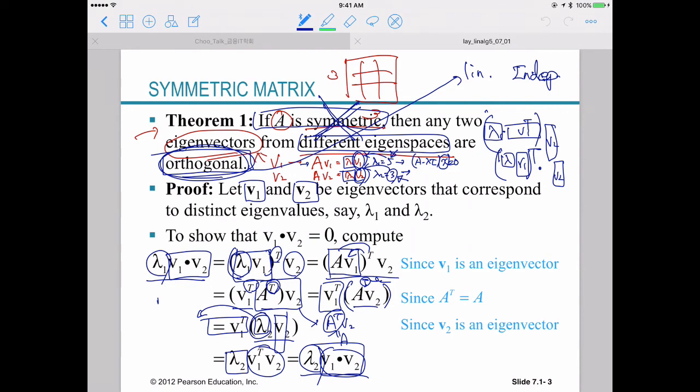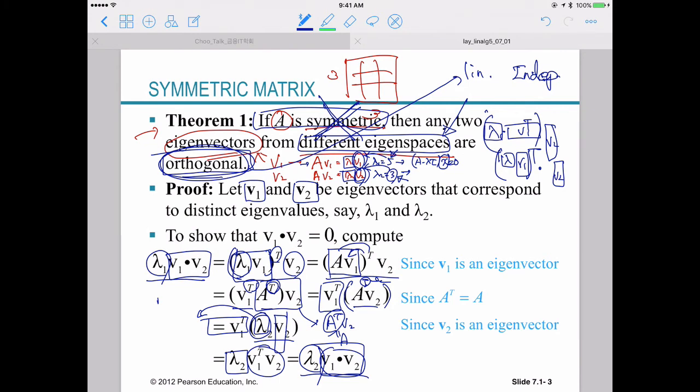This theorem considers the situation where we have two different eigenvalues of this symmetric matrix, and we pick the eigenvectors from the two different eigenspaces. That is the meaning of different eigenspaces.